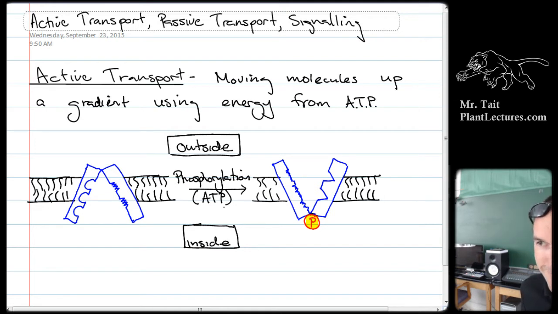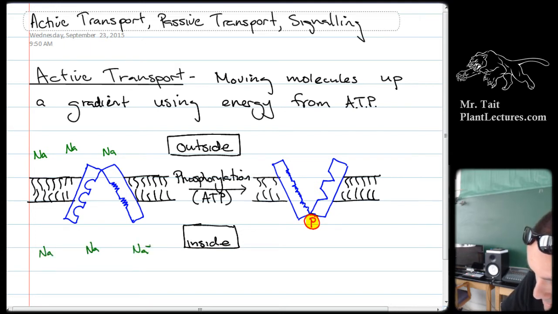Okay, ready for this? We've got our drawing done. Now we can talk some actual science. On both sides we're going to have 3 Na ions. These are Na plus ions. We're going to draw them in circles.